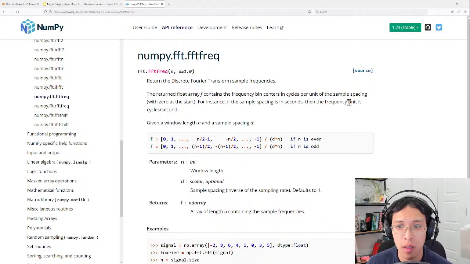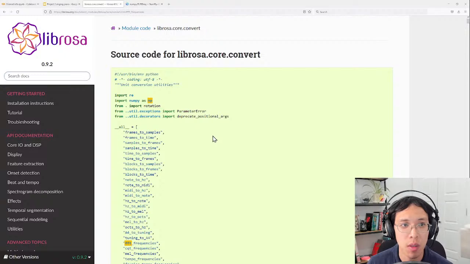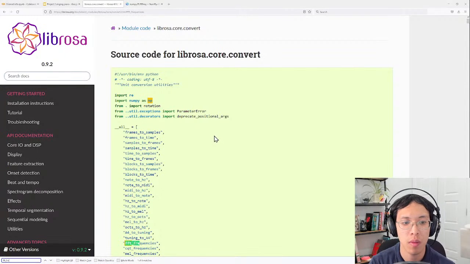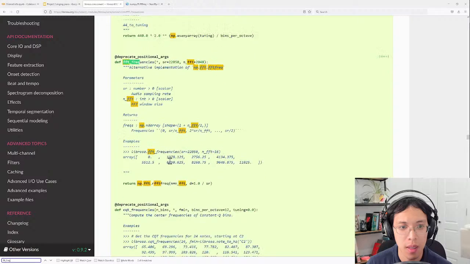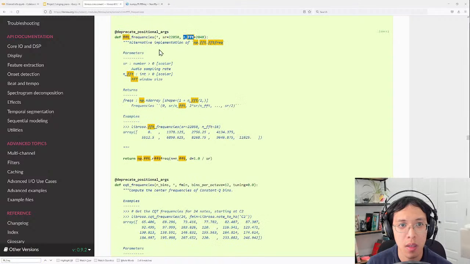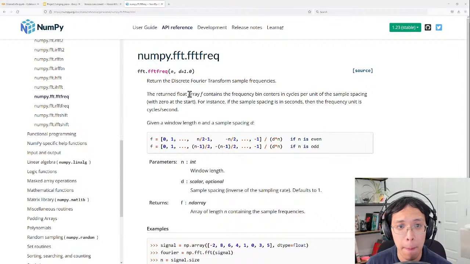Spacing unit is in terms of cycles per second. So basically the frequency unit is in terms of the bins. But I think librosa does something different. Because yeah, they include this, they divide by the signal rate. So they actually give you the hertz instead of this.